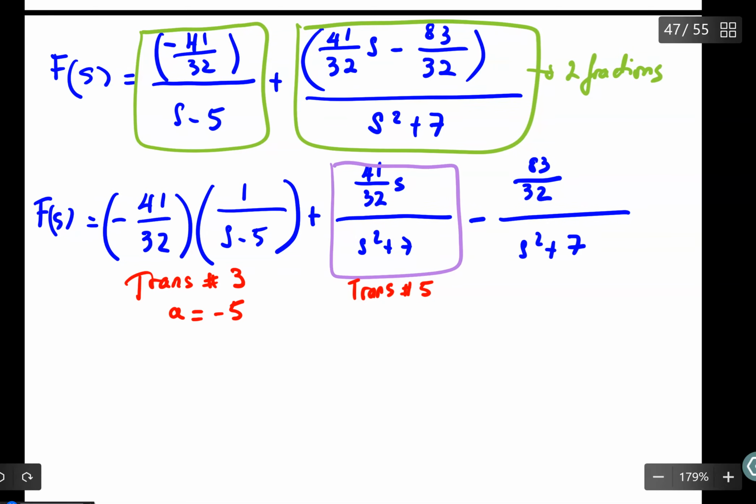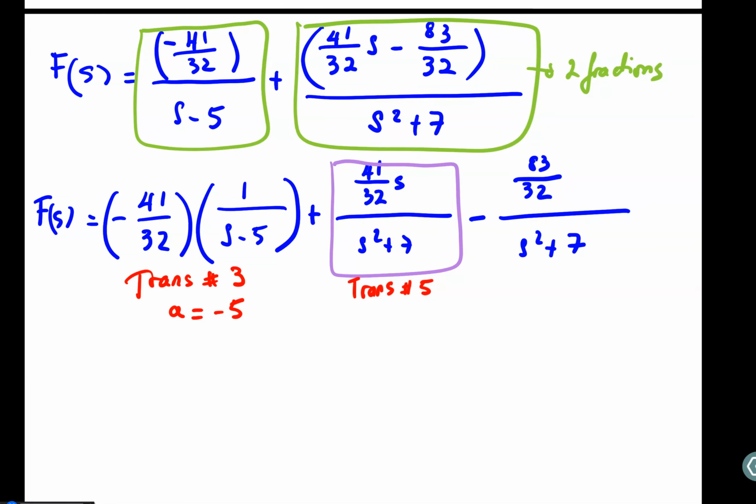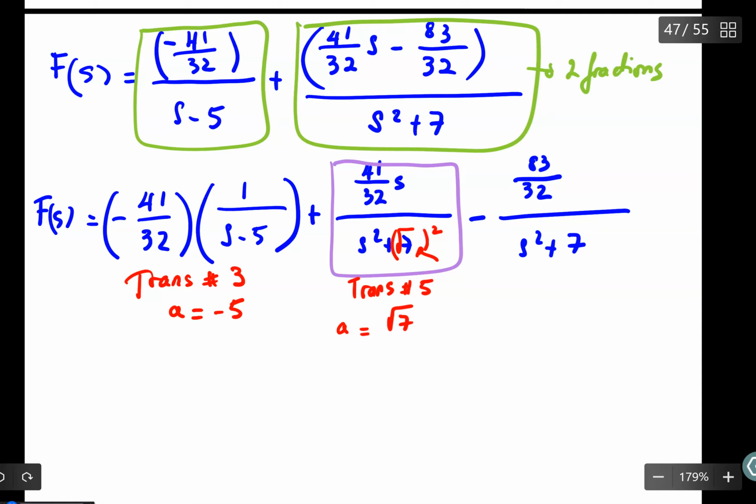With transform number 5, I should have this as a square, but I only have 7. To turn that into a square, I can write square root of 7 squared. So in this case, a is equal to root of 7.